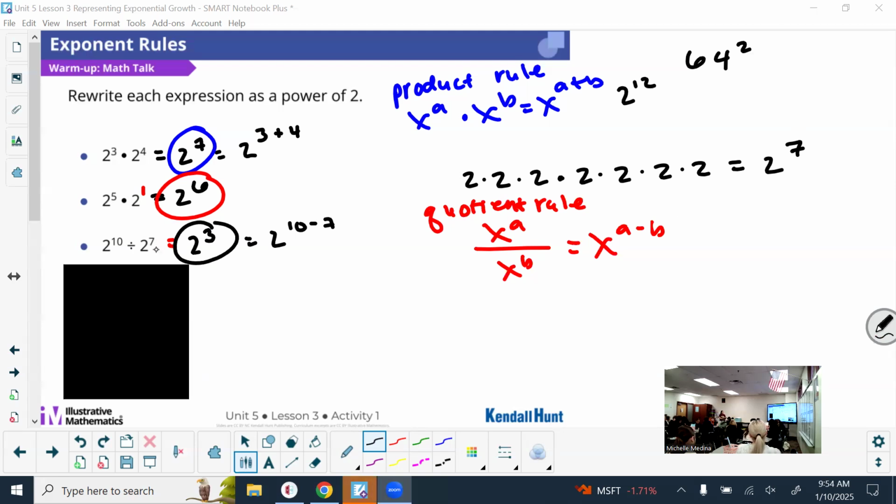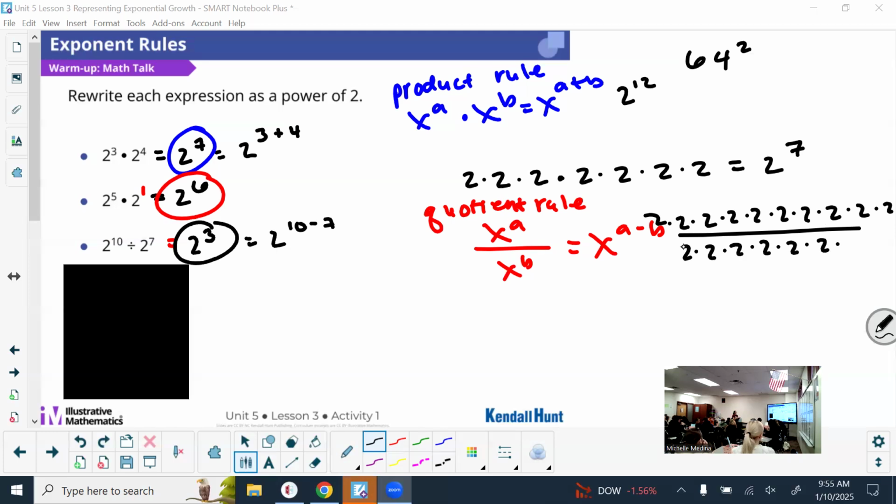Because 2 to the 10th power is us multiplying 2 by itself 10 times. Okay, so 2 to the 10th power is 2 times itself 10 times. 2 to the 7th power is 2 times itself 7 times.